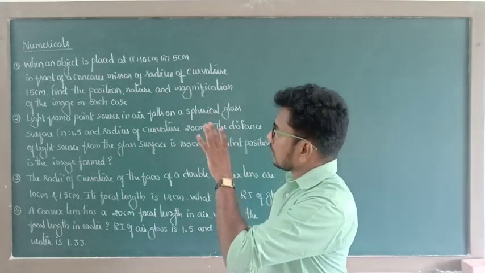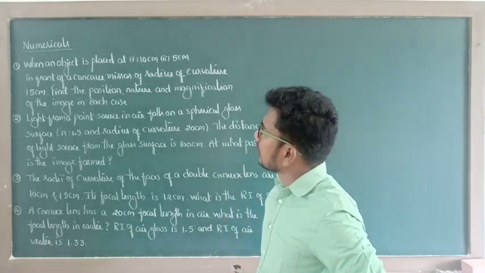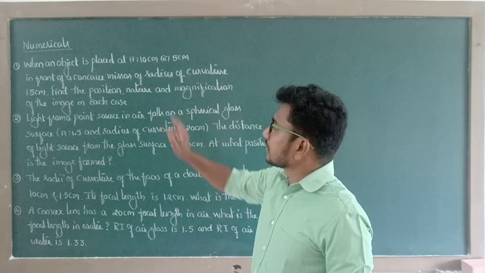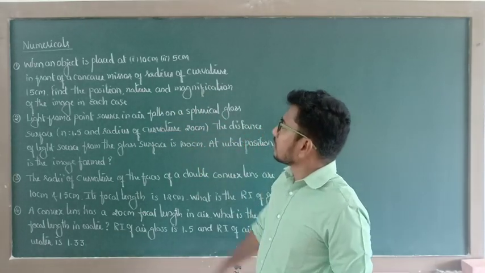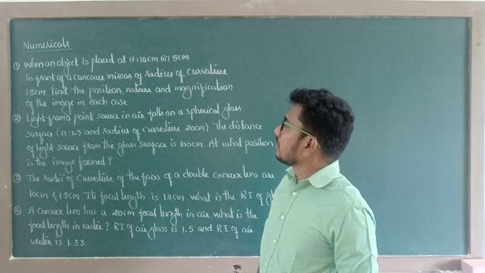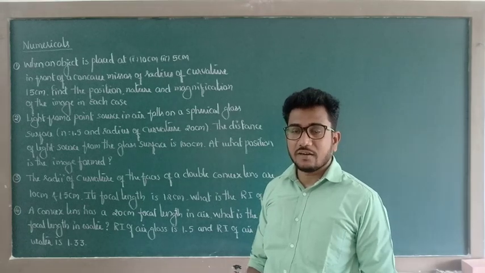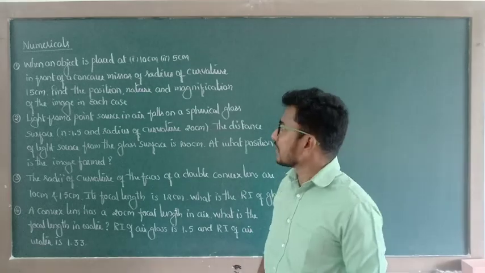So this numerical is formed in case of concave mirror, whose radius of curvature is 15 centimeter. Let us consider the object to be at 10 centimeter from the pole of the concave mirror, because in case of mirror all distances are measured from the pole along the principal axis.